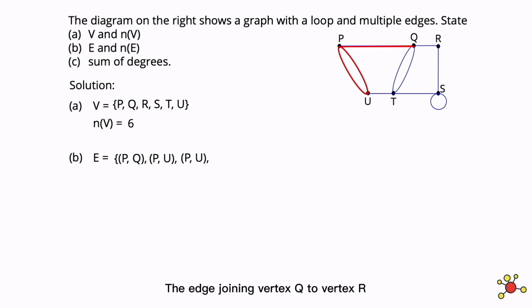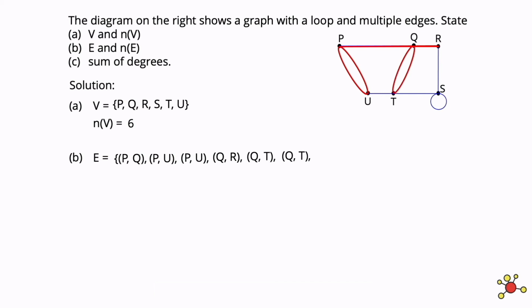The edge joining vertex Q to vertex R, (Q, R). Multiple edges from vertex Q to vertex T, (Q, T) and (Q, T). Vertex R to vertex S, (R, S). A loop at vertex S, (S, S). Vertex S to vertex T, (S, T).